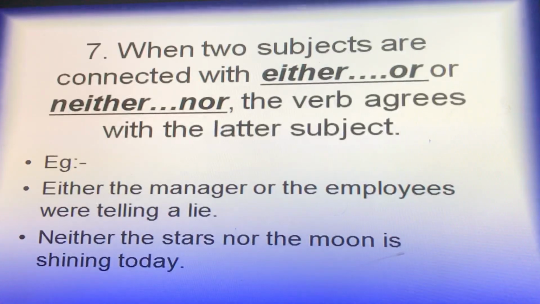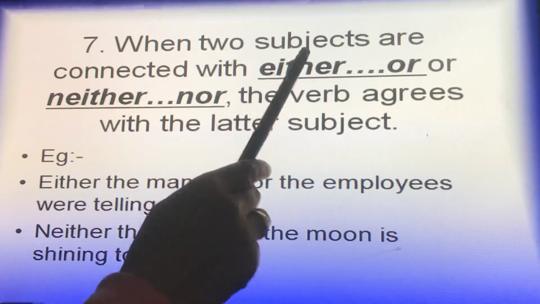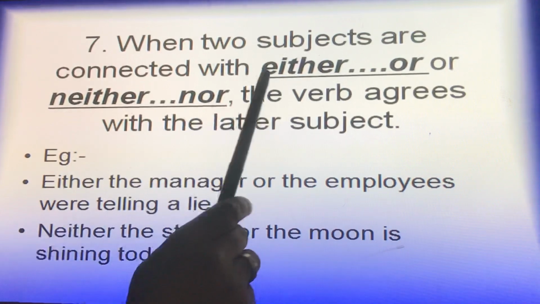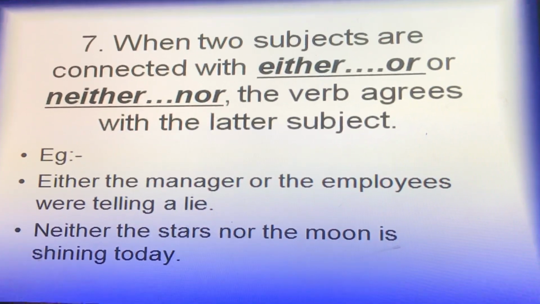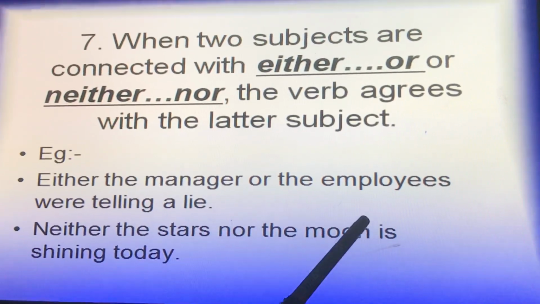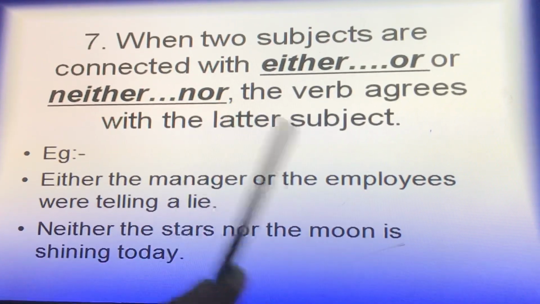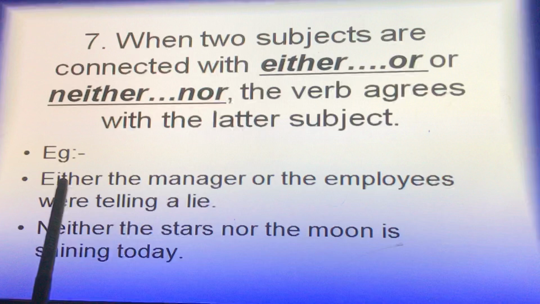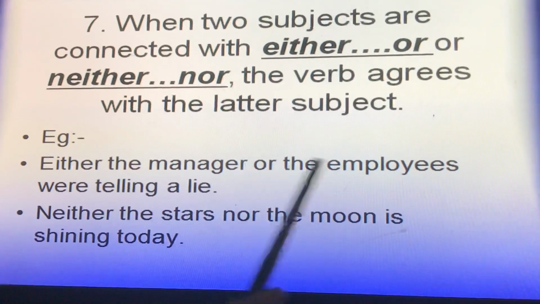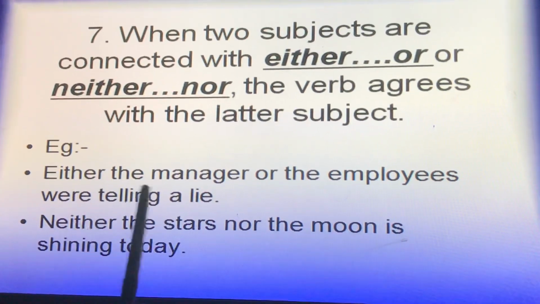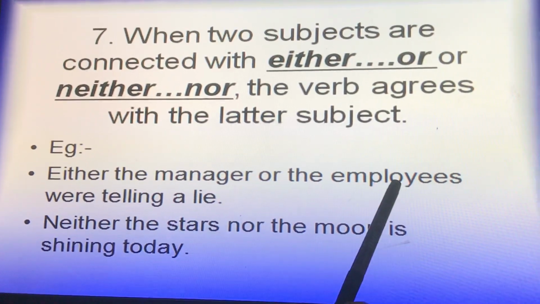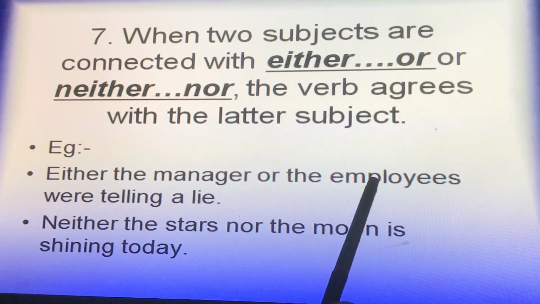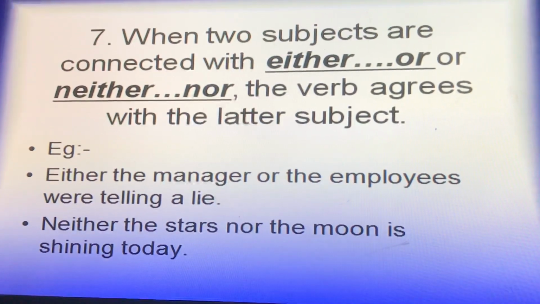Our next rule is when two subjects are connected with either or, neither nor, the verb agrees with the later subject. Means we have to look at the second subject here. Either the manager or the employees were telling a lie. Were, because employees are plural in number and that is the second subject, the later subject.